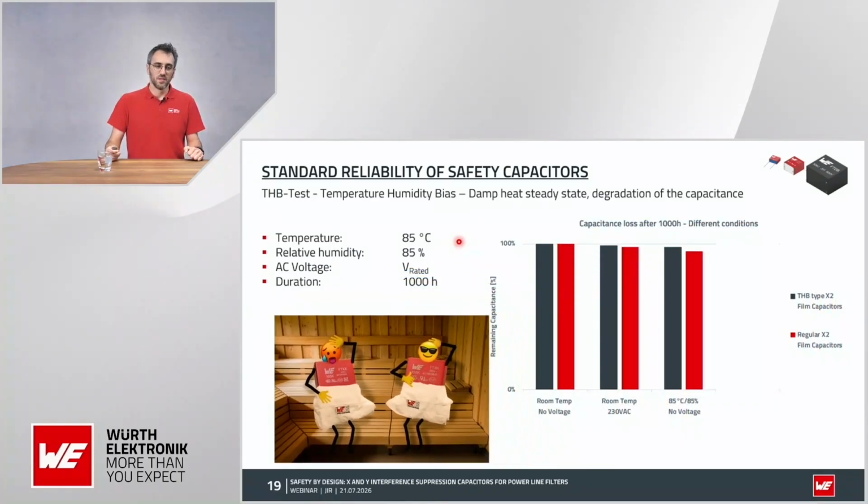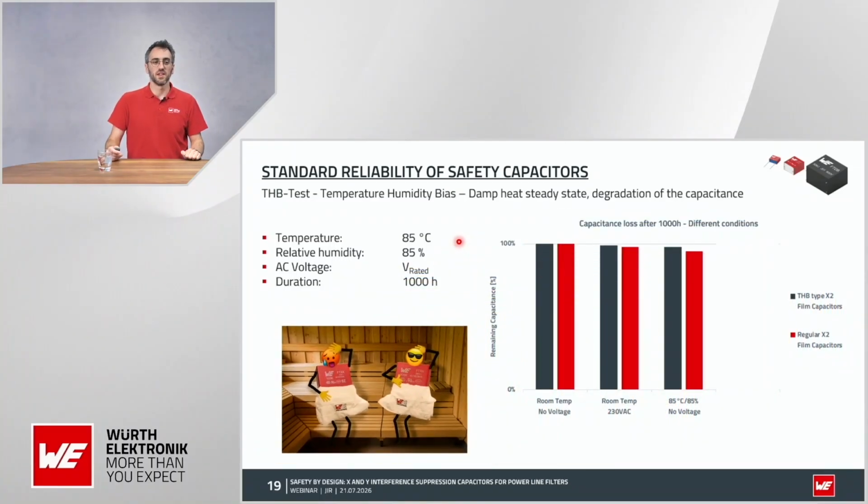If we have some series that are better suited for this environment, or more rugged against the impact from the environment, then we have the so-called THB type capacitors. In this example of a measurement, I put capacitors at room temperature for 1000 hours and nothing happened to them.